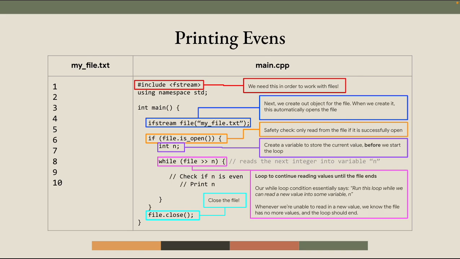I would use getLine because that name could be first name, last name, suffix or something like that. It could be an entire line. So I would have a string variable to store it. And then down here, once I get into my while loop, I would print out that name at 0. The same way I would do it in a normal program is the same way I'm going to transfer that over to reading from files.